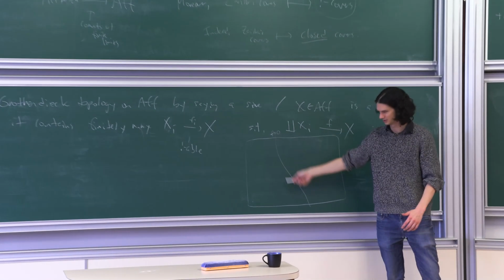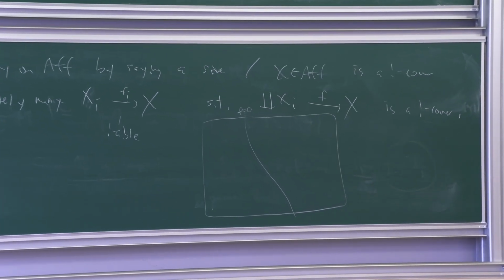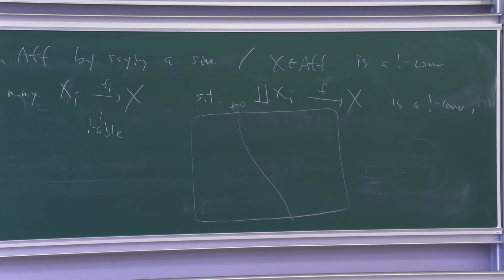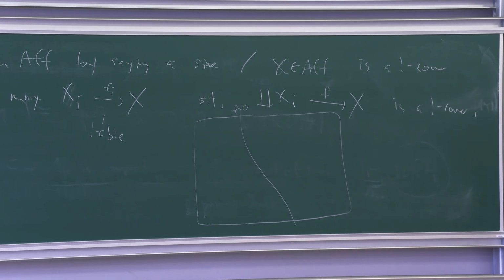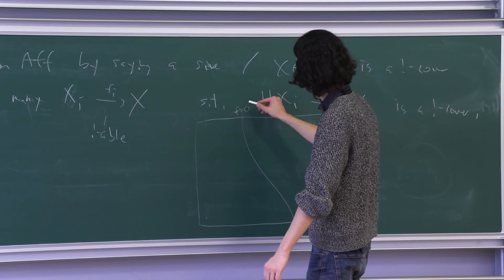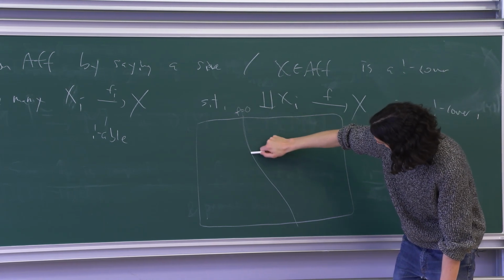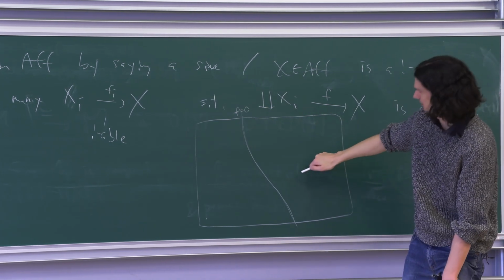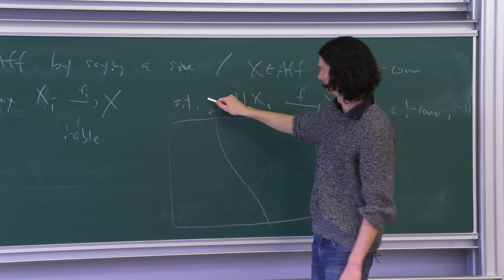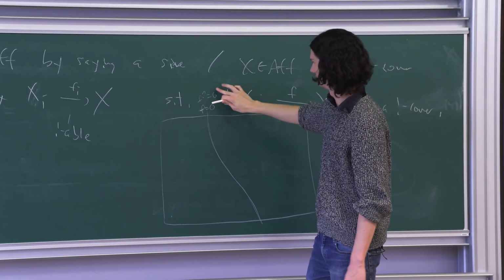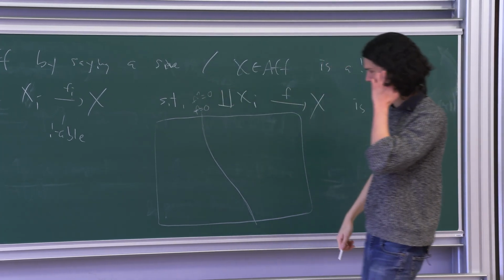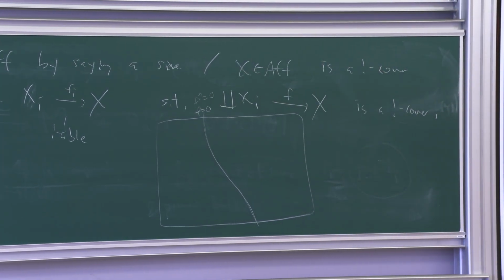And then you think, okay, the locus where f equals 0 is obviously a closed subset, so the complement should be an open subset, right? But it's a little bit of a lie, because this isn't really the locus where f equals 0. It could also be just the locus where f to the n is equal to 0 or something like this.